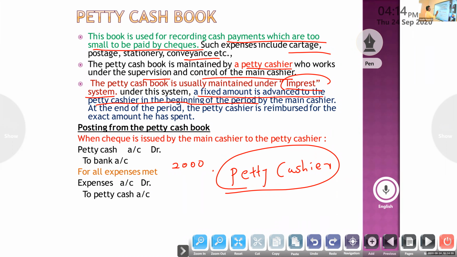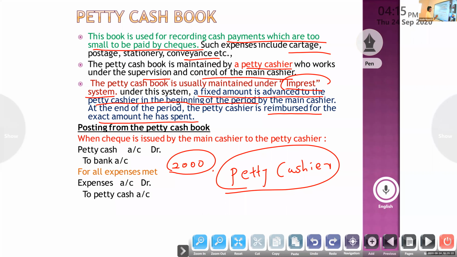At the end of the period, the petty cashier is reimbursed for the exact amount he has spent. Here the imprest amount is 2,000, a fixed amount. Every month, in the beginning, he must have 2,000.